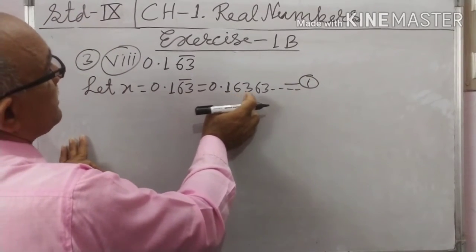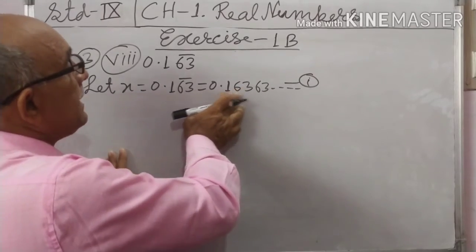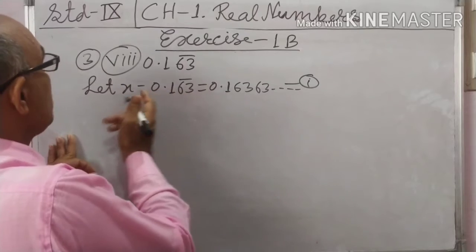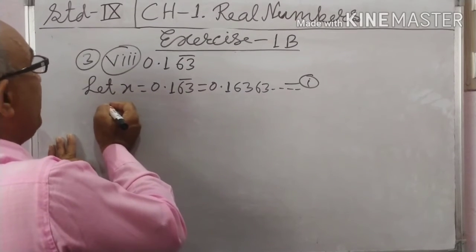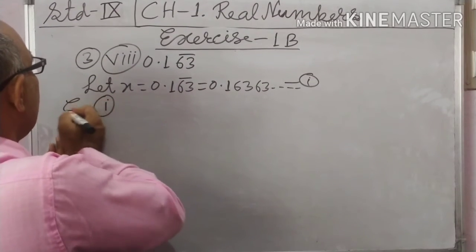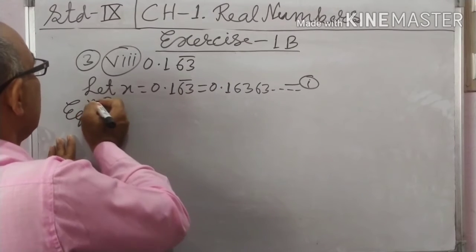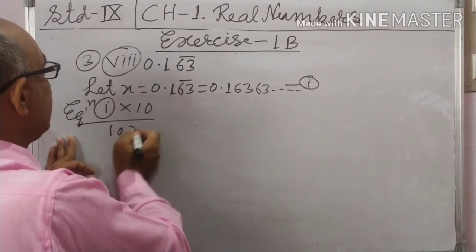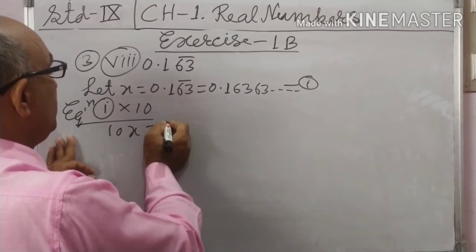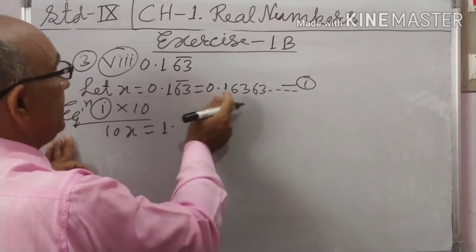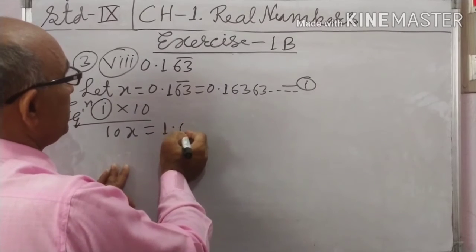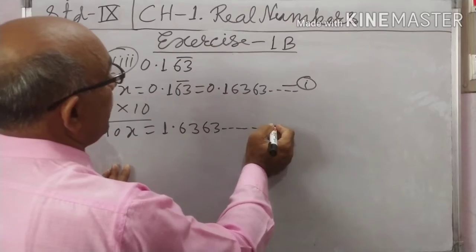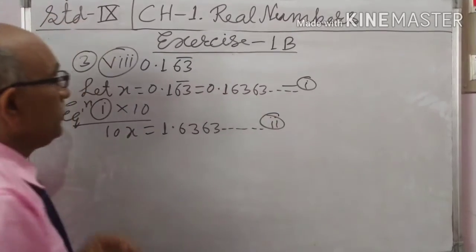Here 63 repeats, 1 digit after the decimal. So first of all, equation 1 into 10. So 10x equal to 1.63 dot dot dot. Equation 2.